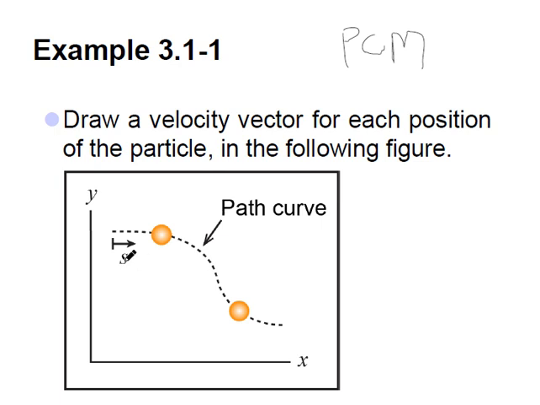And then of course we have a distance, and we have the path curve right there, and we have to draw the vector, and we already know the vector is tangent to the curve. So all we have to do is draw the velocity arrow, with the arrowhead pointing in the direction of this object right here.